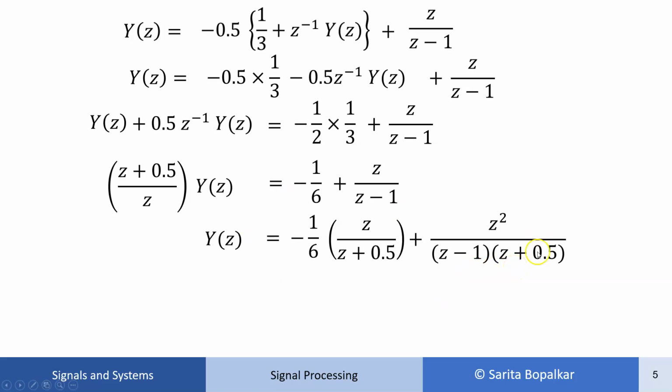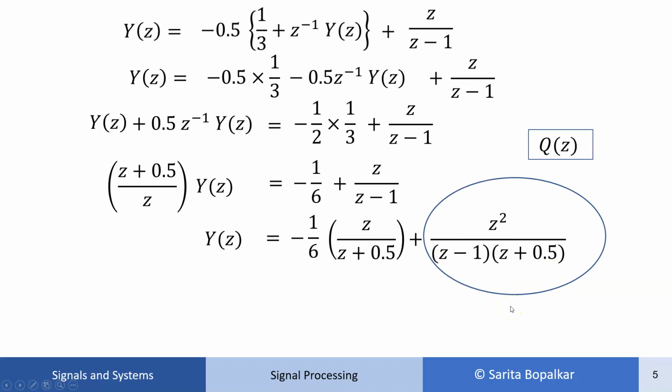Now we have to solve this y of z. We have to take the inverse of this y of z to get y of n. Here for this one we can easily take the inverse, but for this term we need to solve it. So how to solve this? By partial fraction. So this term we will separately call Q of z.